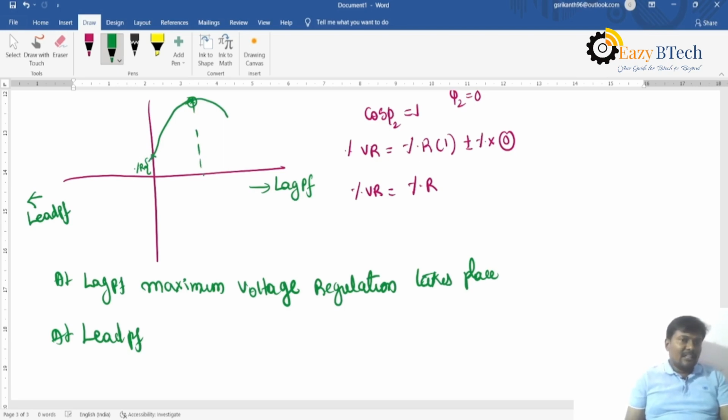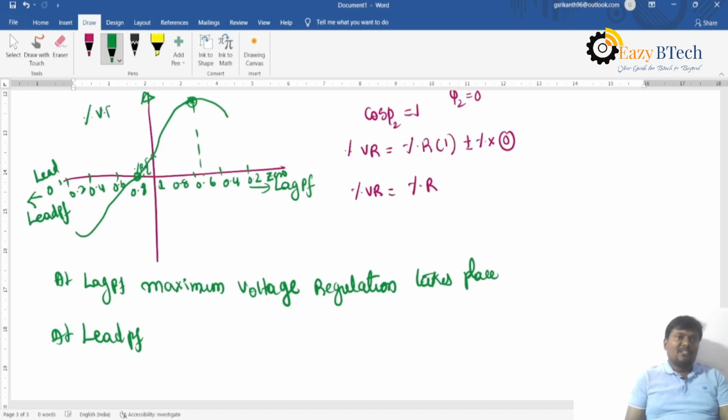And for a leading power factor, it will be 0 at one power factor, and it follows the curve like this. This value is 1, and 0.8, 0.6, 0.4 and 0.2, and 0 lagging power factor, same 0.8, 0.6, 0.4, 0.2 and 0 leading power factor.